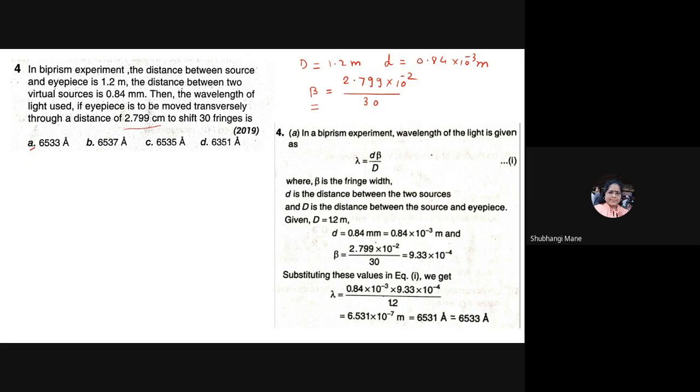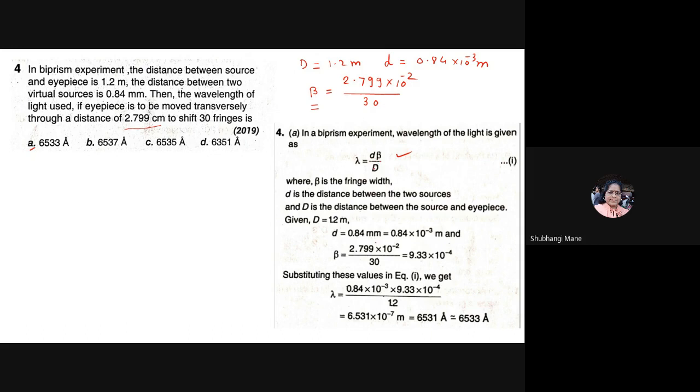In a biprism experiment, the wavelength of light used is given by lambda equals d beta upon capital D. What is small d? It is the separation between two virtual sources. What is beta? Beta is the fringe width.